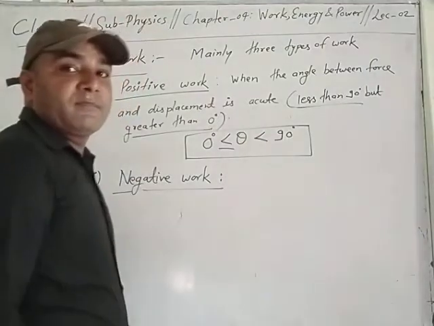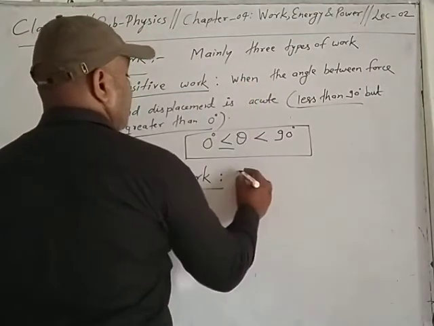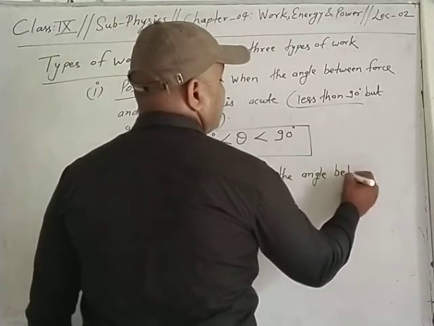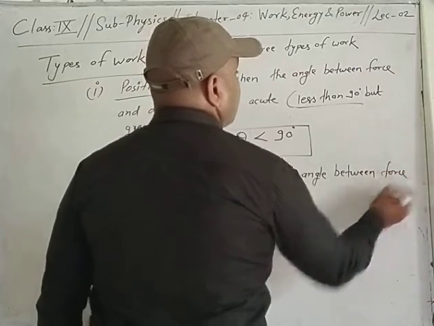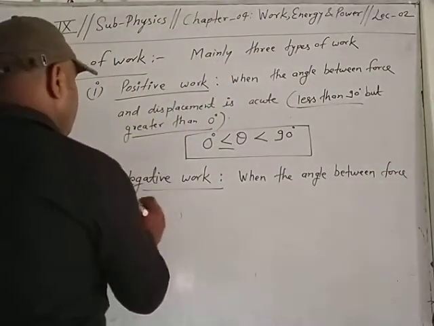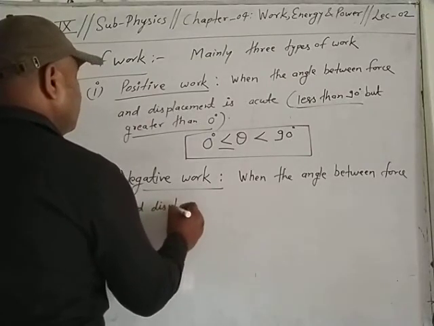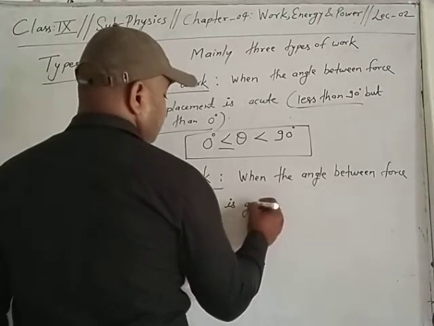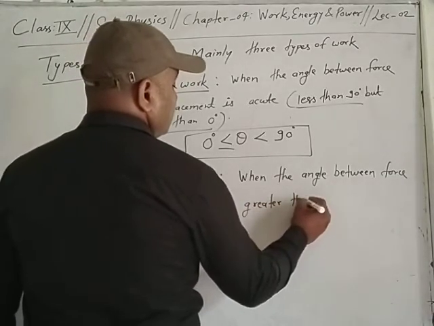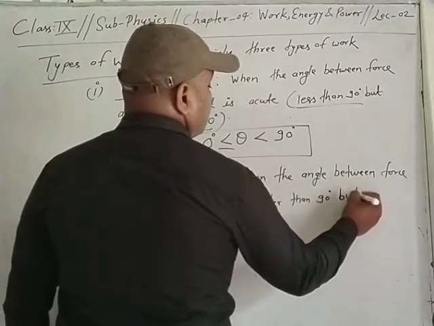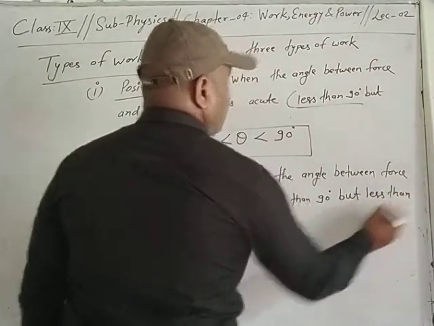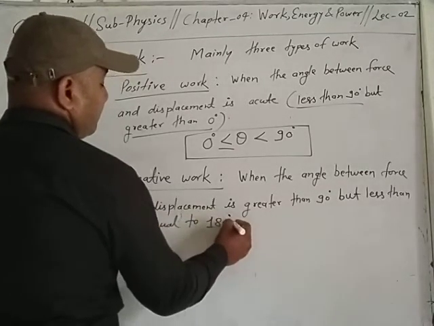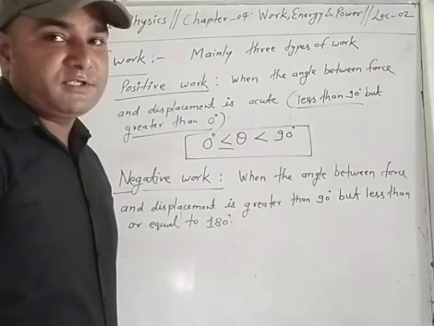The concept of negative work is also based on angle. When the angle between force and displacement is greater than 90 degree, but less than or equal to 180 degree, then the work done by the force is said to be what?